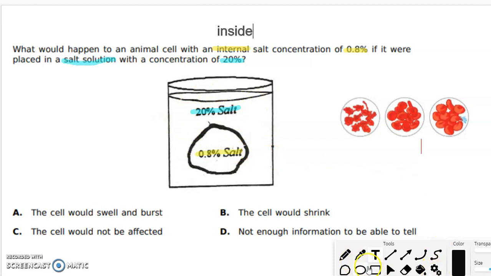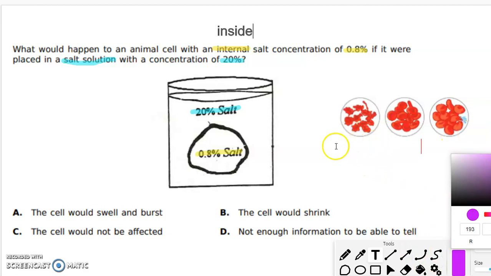Now, to help us figure out what would happen to this cell, is it going to get bigger? Is it going to get smaller? Is it unaffected? In order to figure that out, I want to review just a couple of terms with you.